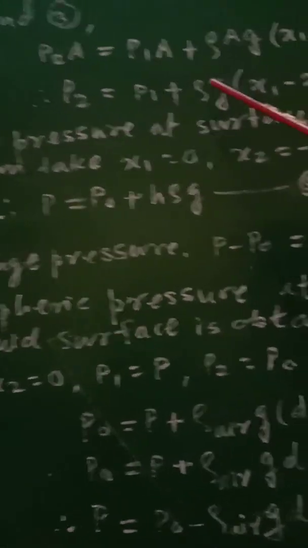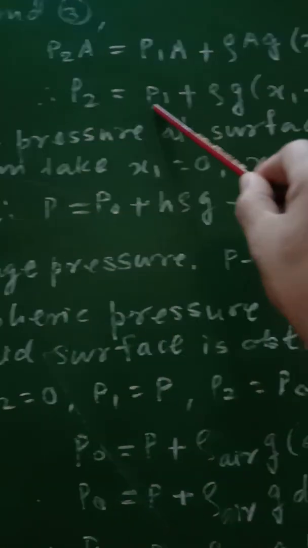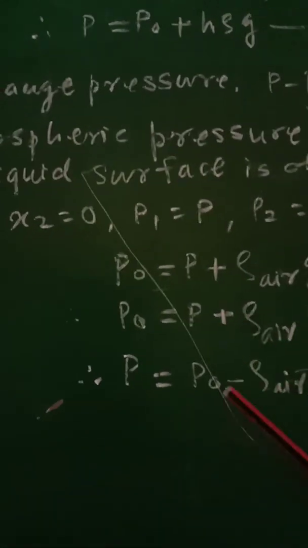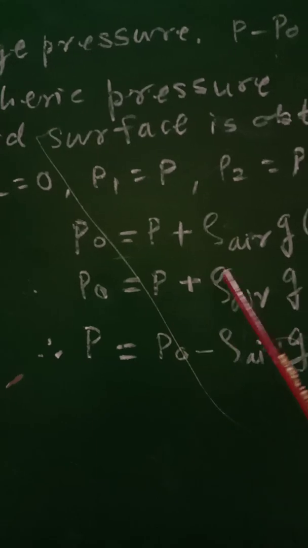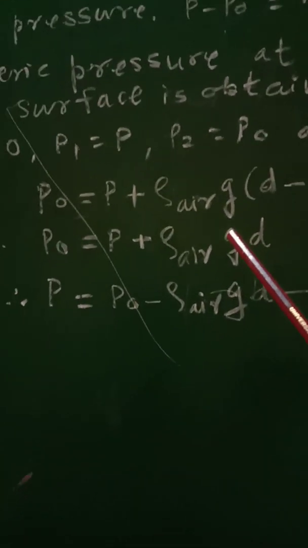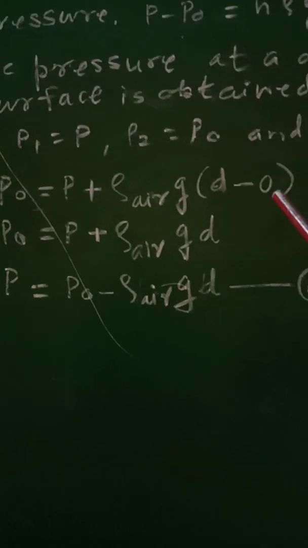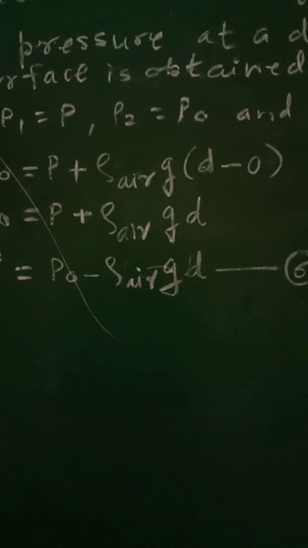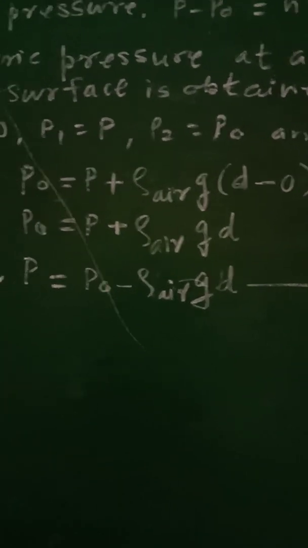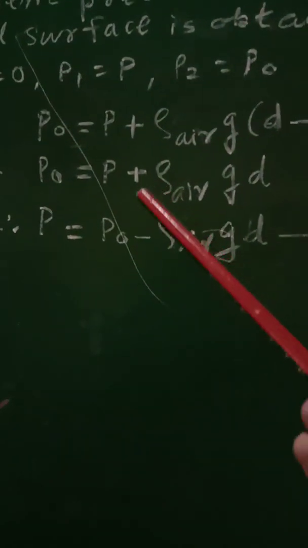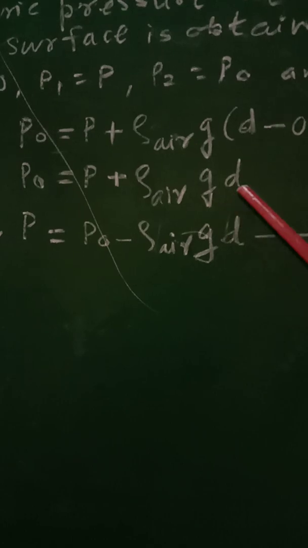So in this equation we can put all these values, and so we will get P0 equal to P plus rho air g into d minus 0. Therefore P0 equal to P plus rho air g d.